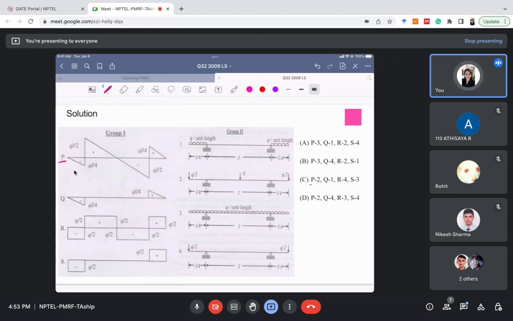When we see the sections, let us call it section A, this has B, this has C, this has D, and this has E. When we see section AB, the slope of the shear force diagram is negative and increasing, right? So either the option is 3 or 2, so I'll check 3 or 2.